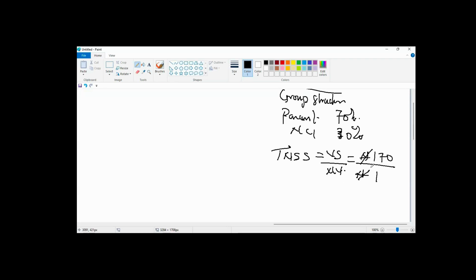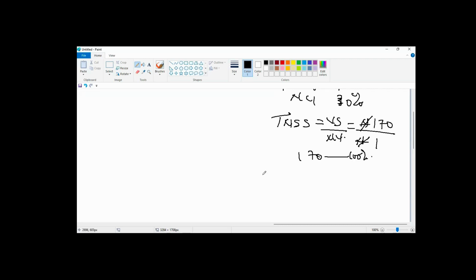170 naira. This is at 100% of the shares. Parent has 70% of it: 0.7 times 170.